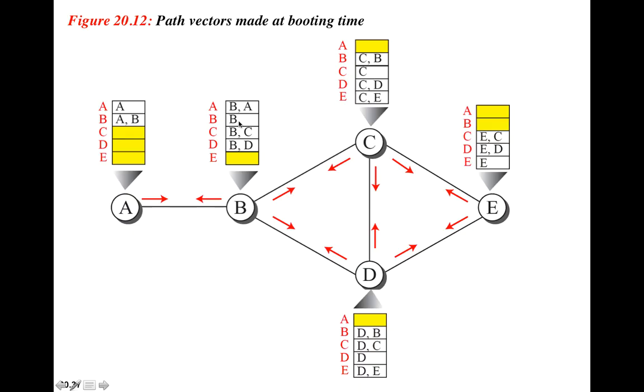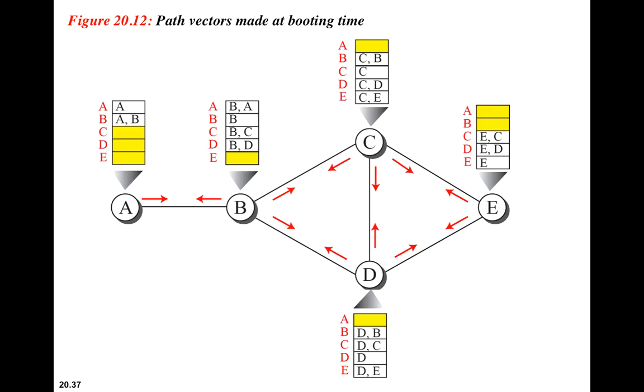Now, how do the nodes come to know about this? Again, this is something similar. We have the distance vector. Every node, when it comes up, mind you, all these nodes don't come up at the same time.